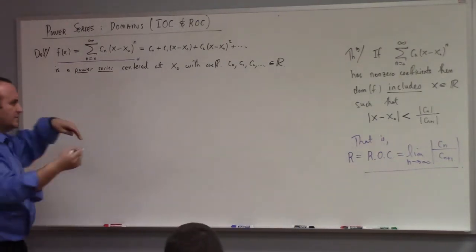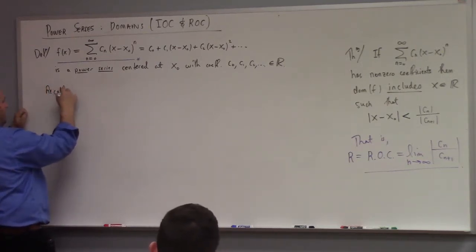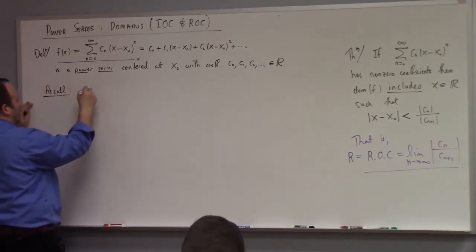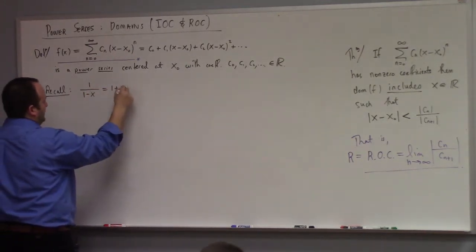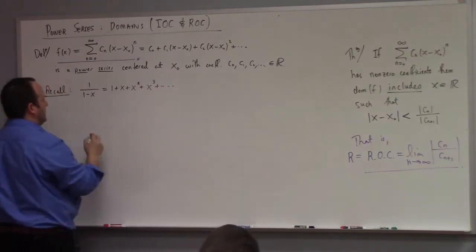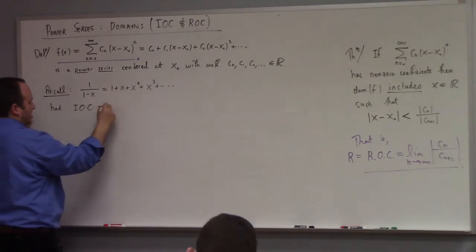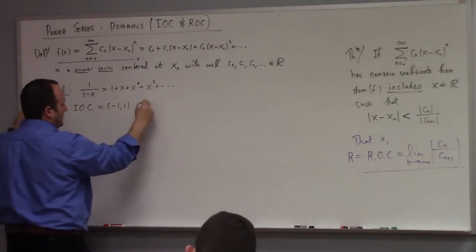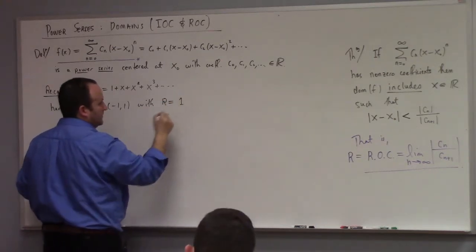Do you guys remember? Let me just recall. We saw that 1 over 1 minus x equals 1 plus x plus x squared plus x cubed plus dot dot dot had interval of convergence minus 1 to 1 with radius of convergence 1, right?